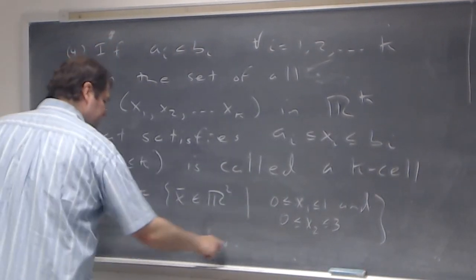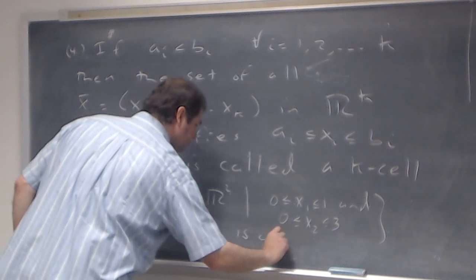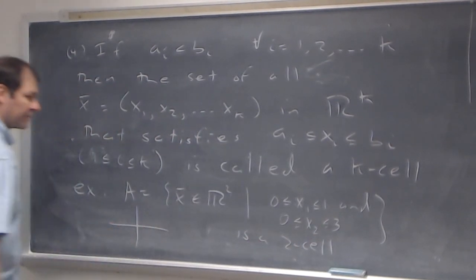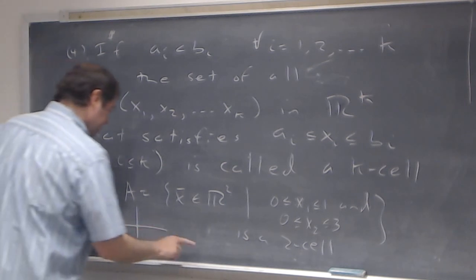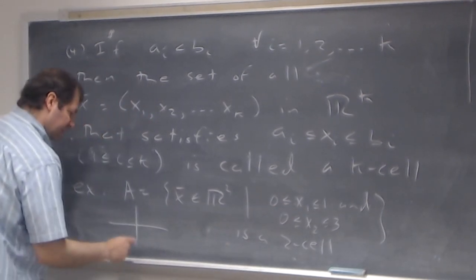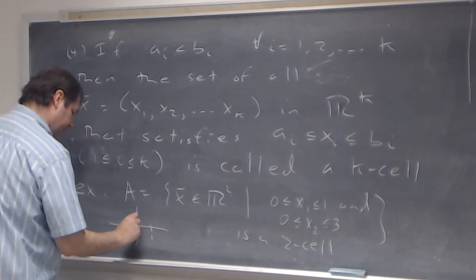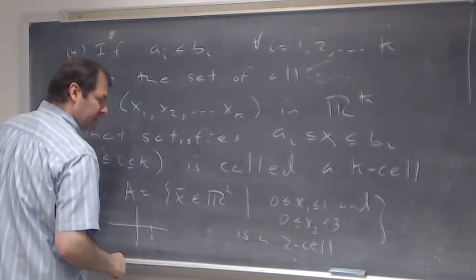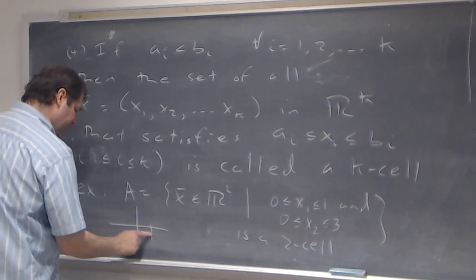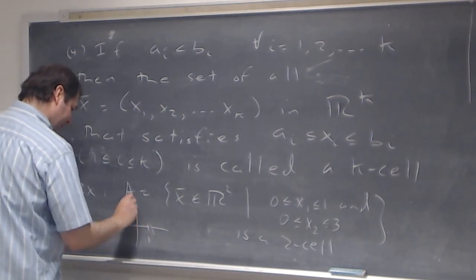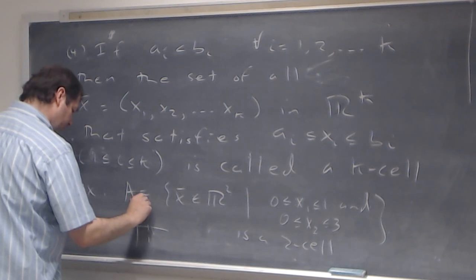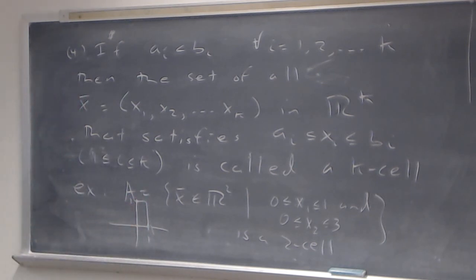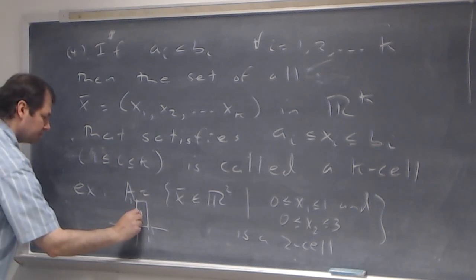This is a 2-cell. Graphically, I can graph it in R^2. The first coordinate, the x-axis, has to be between 0 and 1. The second coordinate, the y-coordinate, has to be between 0 and 3. We're looking at this rectangle where we include the borders. Okay, so that's A.